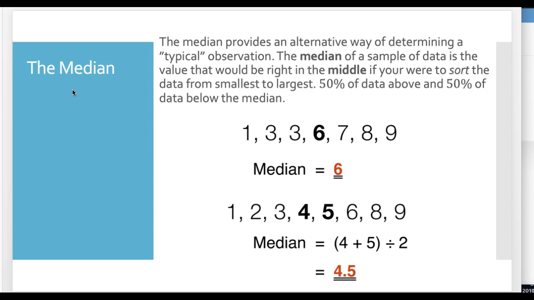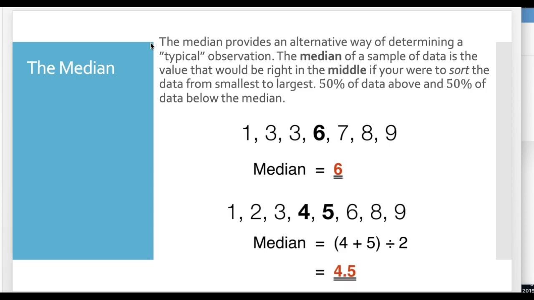So we're going to use the median here. It says the median provides an alternative way of determining a typical observation. The median of a sample is the value that would be right in the middle if you were to sort the data from smallest to largest.